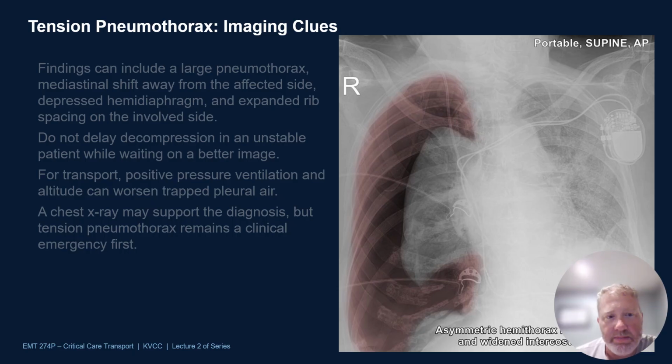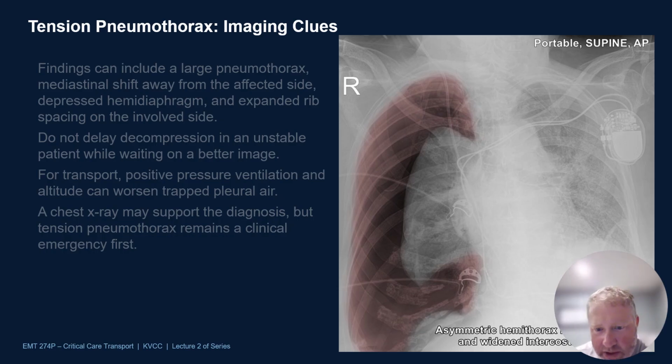There's a big risk with patients who are being transported via flight, and the need for definitive decompression or chest drainage before departure, if at all possible, if they have a tension pneumo.